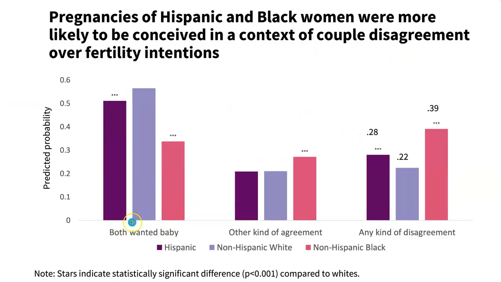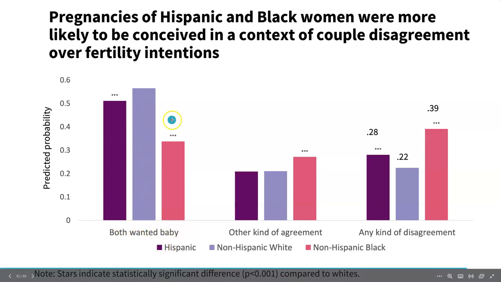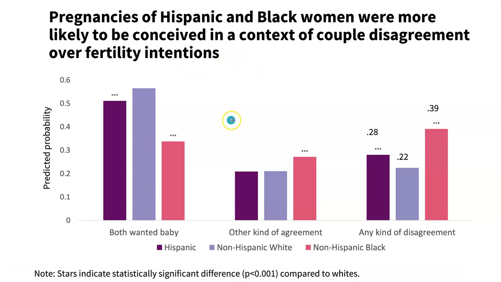But when both partners wanted a baby, there were differentiated ways of disagreement about using contraceptive methods, whether the pregnancy was intended by both partners or just one, or any kind of disagreement.